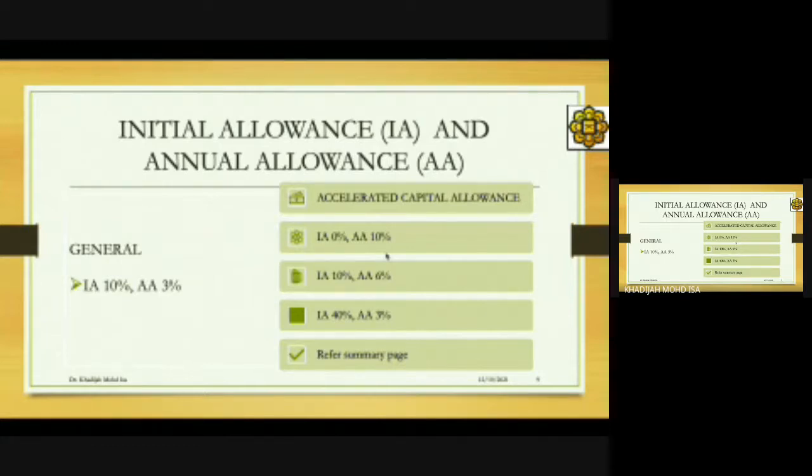You have IA 40% and AA 3%. So it depends, all right? They provide you a summary of all these types of building and the respective rates. You don't have to remember everything, all right? But you should know that there are different types of industrial building, and different rates for different types of industrial building. So you have to apply the rate accordingly.